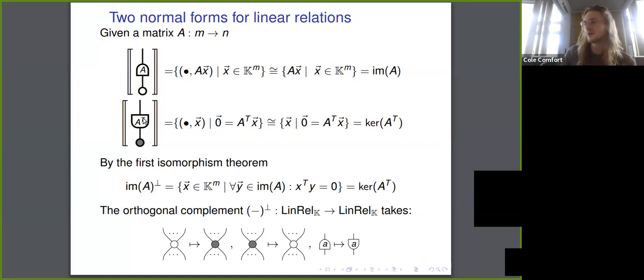Maybe that's causing some confusion, because I just wanted to put these two things into form so I could state the first isomorphism theorem, which involves taking the kernel of A transpose.